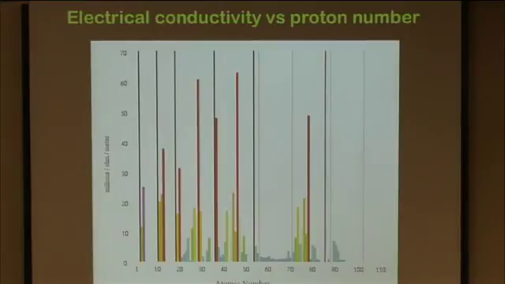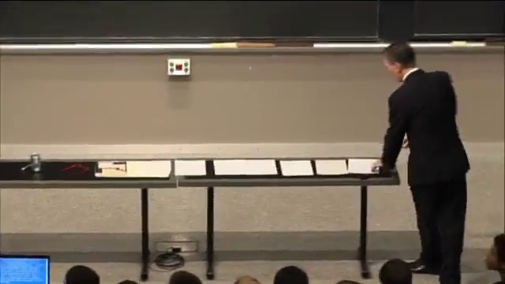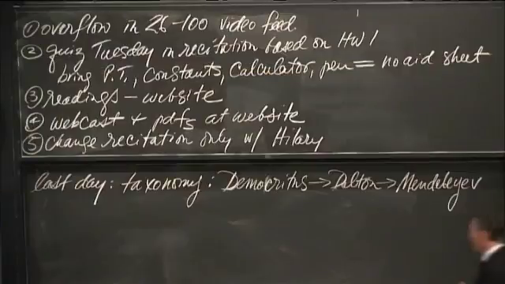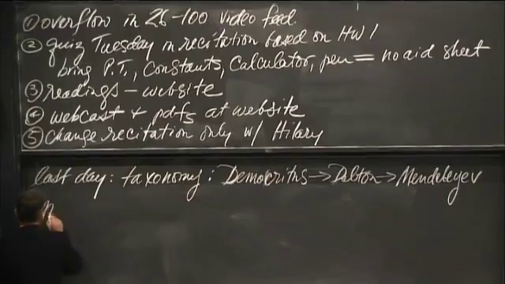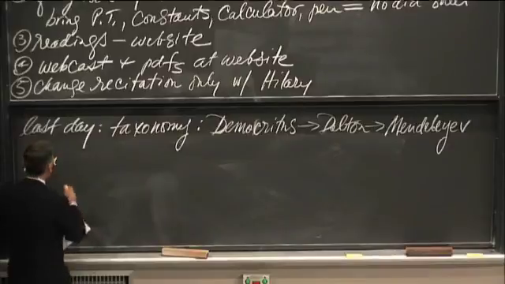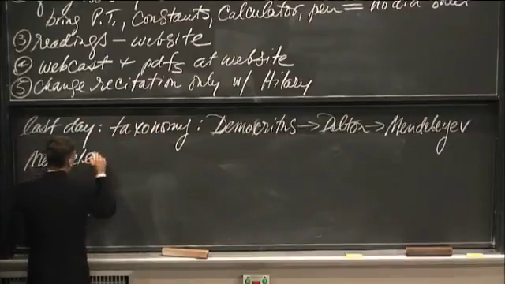So that was where Mendeleev announced his periodic law, where he said the properties are related to the identity of the atoms, and furthermore, he announced that the properties are a periodic variation in atomic mass. So let's get that down.